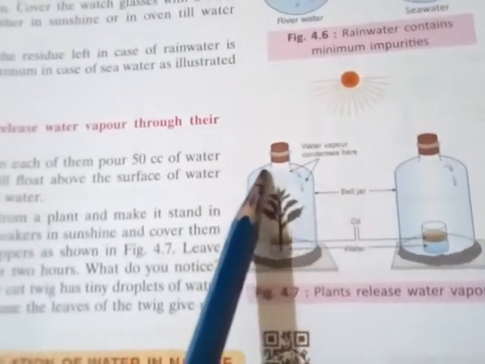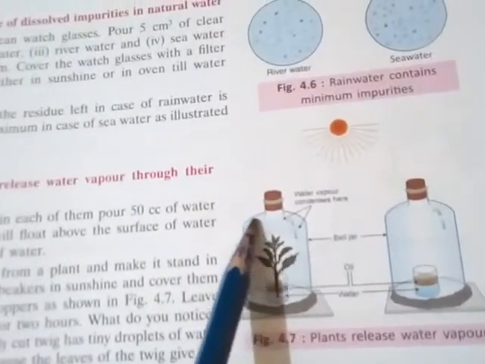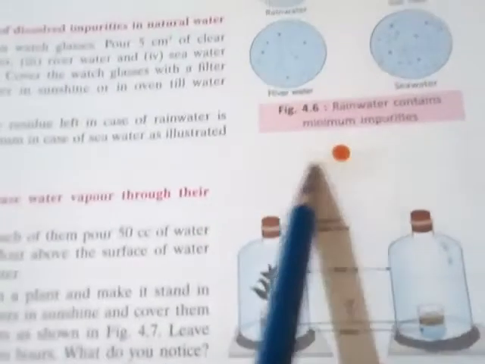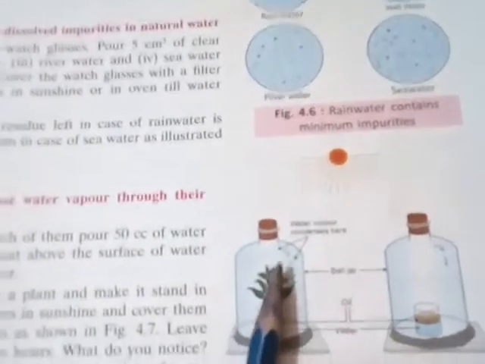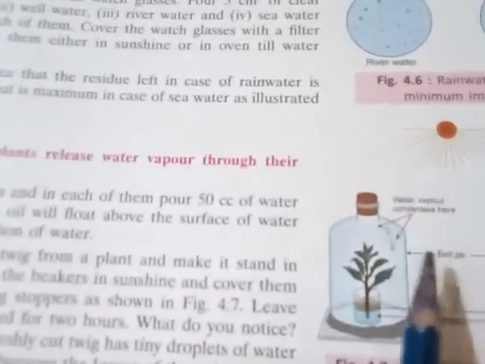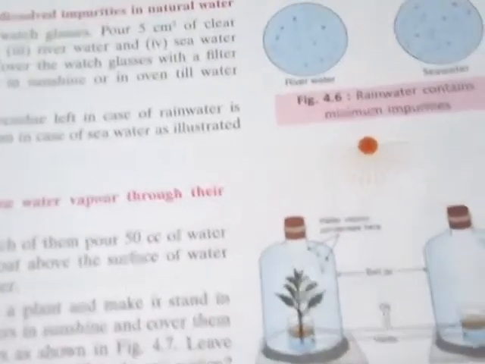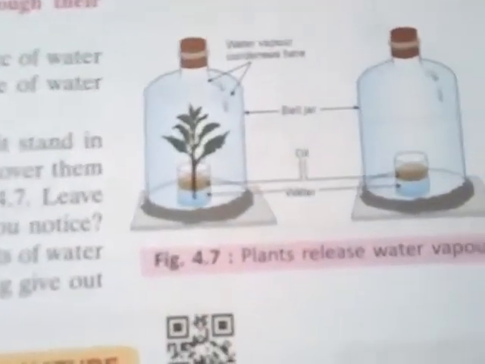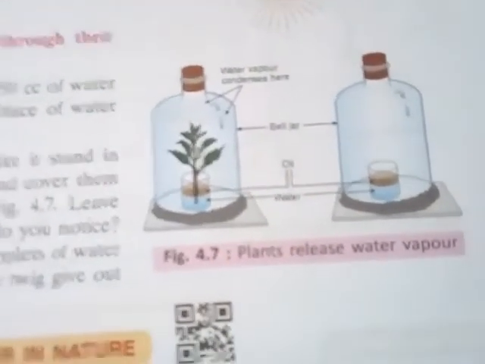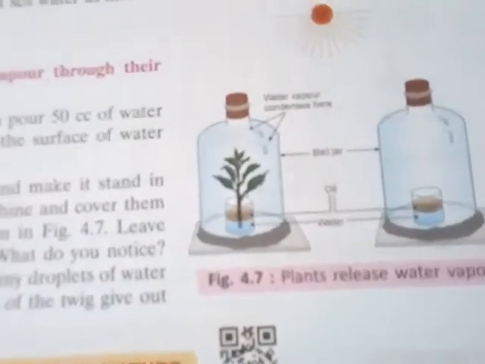The sunshine basically evaporates the water, and after some time, when this water cools down, it makes some droplets over here. So this experiment shows that plants release water vapor through their leaves, and this process is also called the transpiration process.